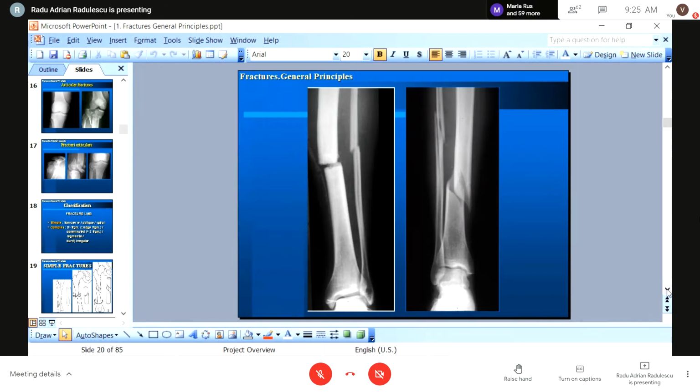Some examples. So we refer to the leg again. On the left side is a transverse fracture. Both bones are fractured.